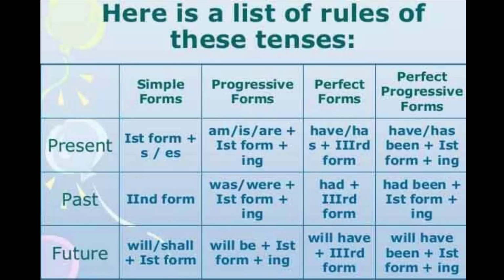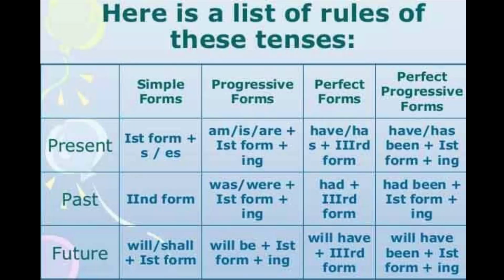And each of these three main tenses has four further categories: simple, progressive, perfect and perfect progressive. The chart is in front of you, and you can remember through this chart what auxiliary verbs and which form of verb is used in each of these 12 tenses.